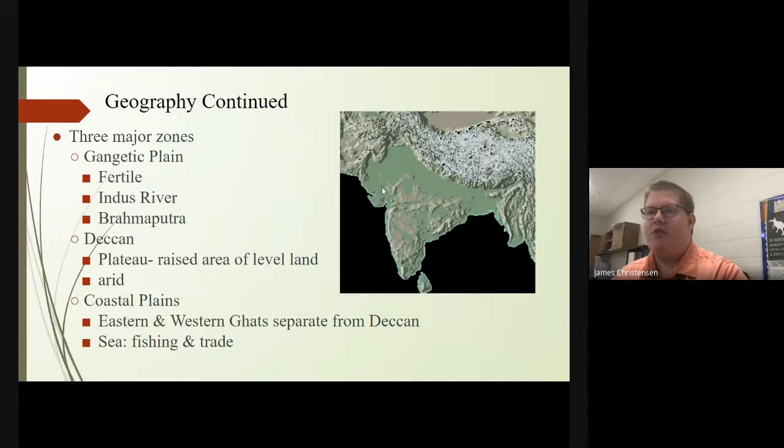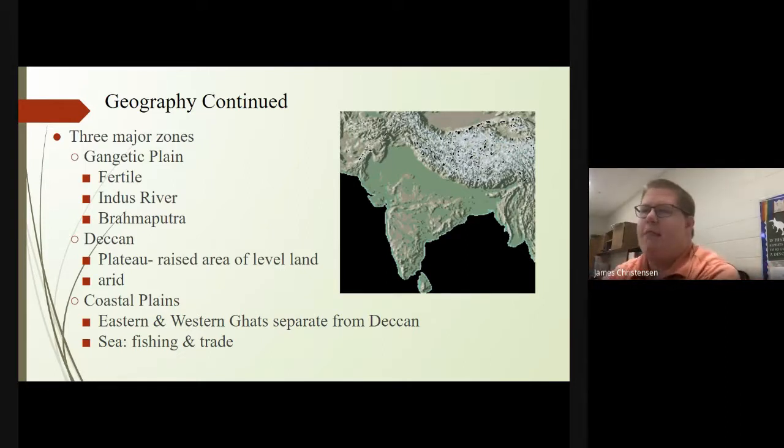Now, there are three major zones in the geography of the Indian subcontinent. You have the Gangetic Plain, which is very fertile and runs along the course of the Indus River and the Brahmaputra.